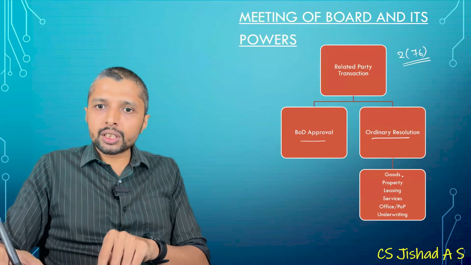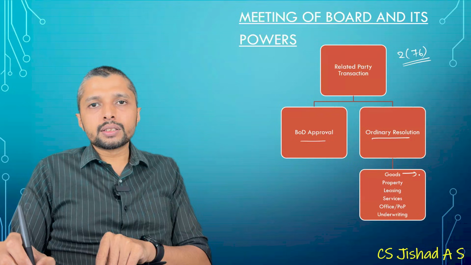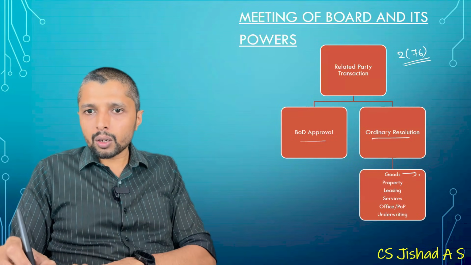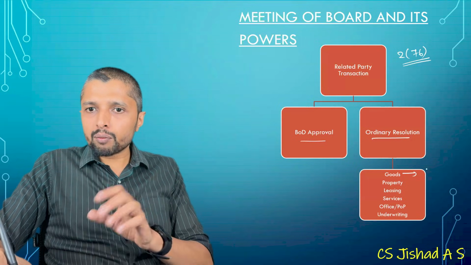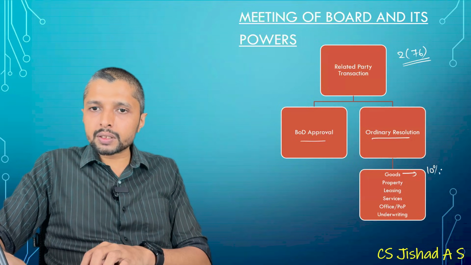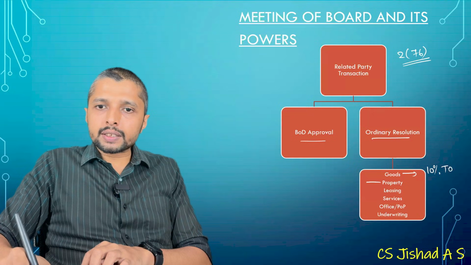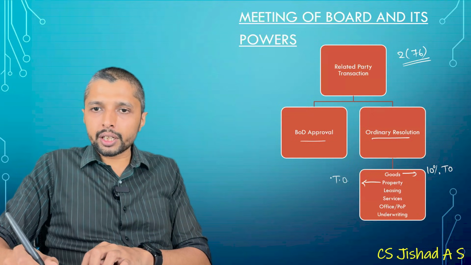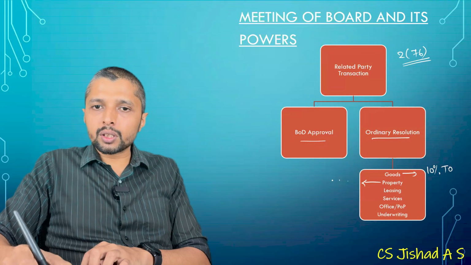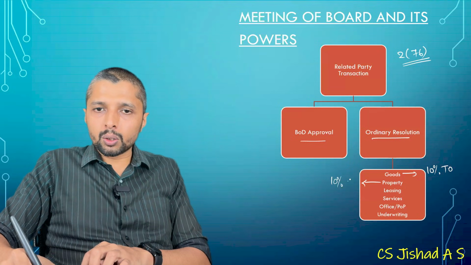If your transaction is related to goods, sale, supply of material or goods, the threshold is 10% of turnover. If it is related to property, 10% of net worth is your threshold.